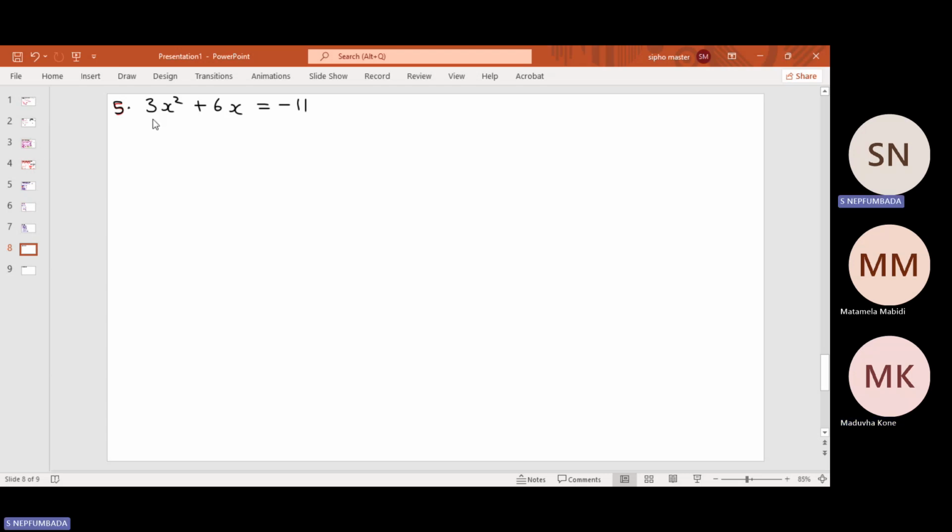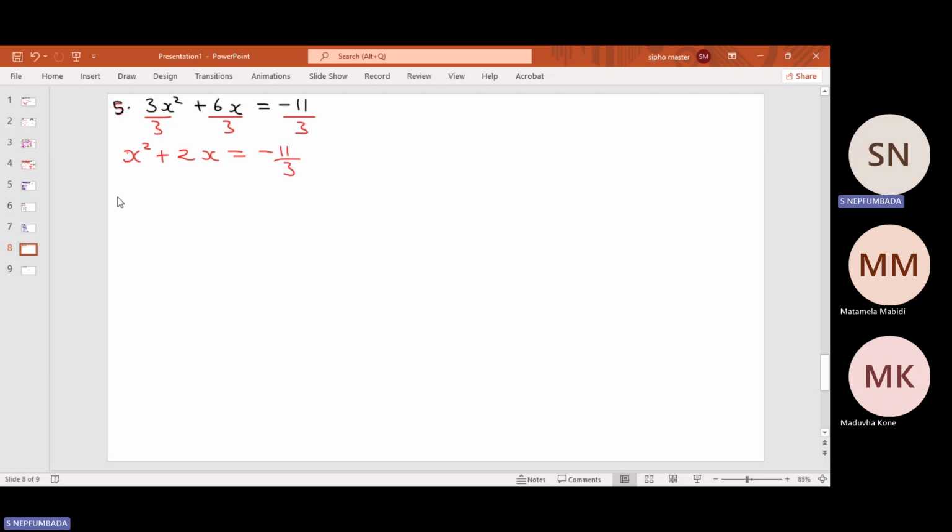Yeah, so they say complete the square. Now, we are not allowed to complete the square with a coefficient here, x squared in a number. So we're going to divide by this. The coefficient must always be 1. Then we've got x squared plus 2x is equal to minus 11 over 3.